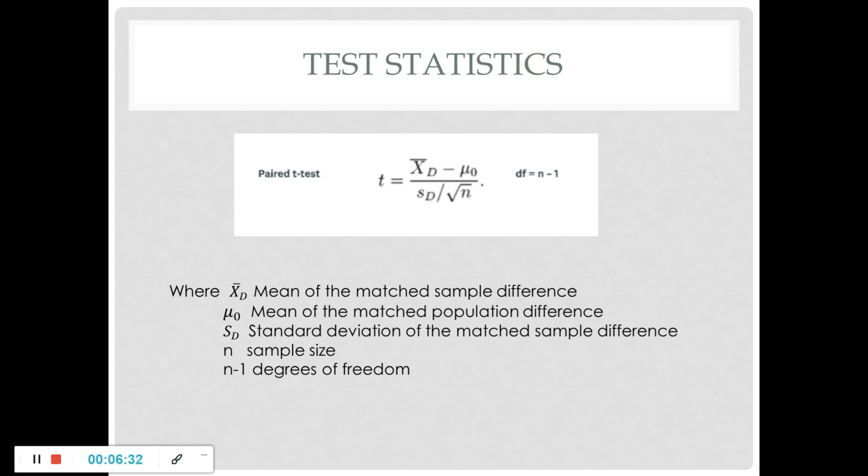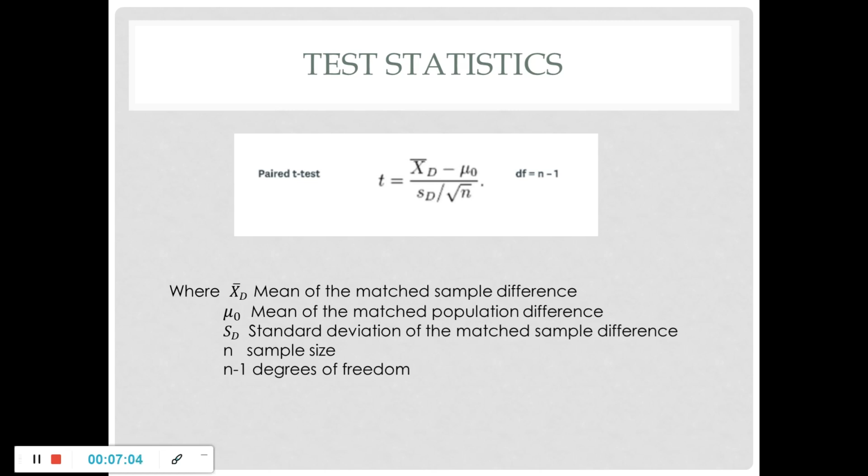So x bar d stands for the mean of the matched sample difference, and mu naught is of course the mean of the matched population difference, or this is the hypothesized mean difference, right?